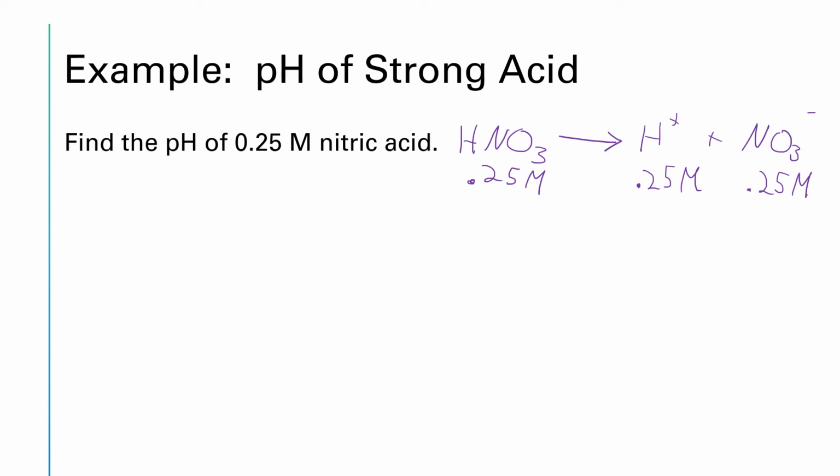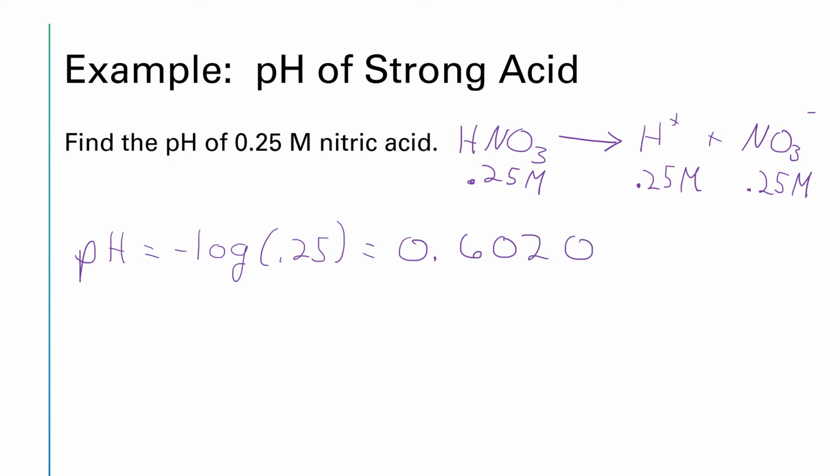caps removed. All right, so to find the pH of this, the pH will be minus the log of 0.25. So I'll type that into my calculator, 0.25 log, change the sign, and I end up with 0.602059.